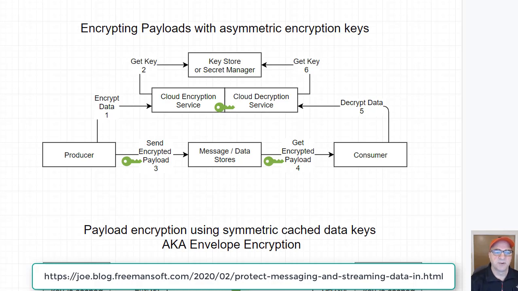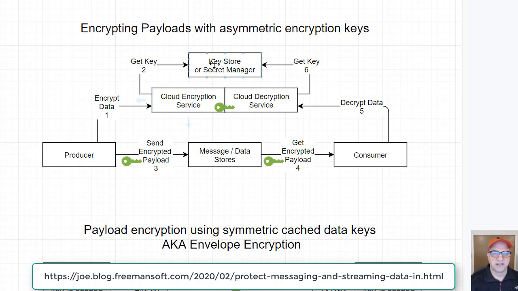And so there's really two major approaches to this. And the first one is probably the one you would come to off the top of your mind. If you're in a cloud, they always have a cloud provider key store, and they have a cloud provider API. So the first thing you might do is say, my producer is basically going to do an encrypt call to the cloud service.